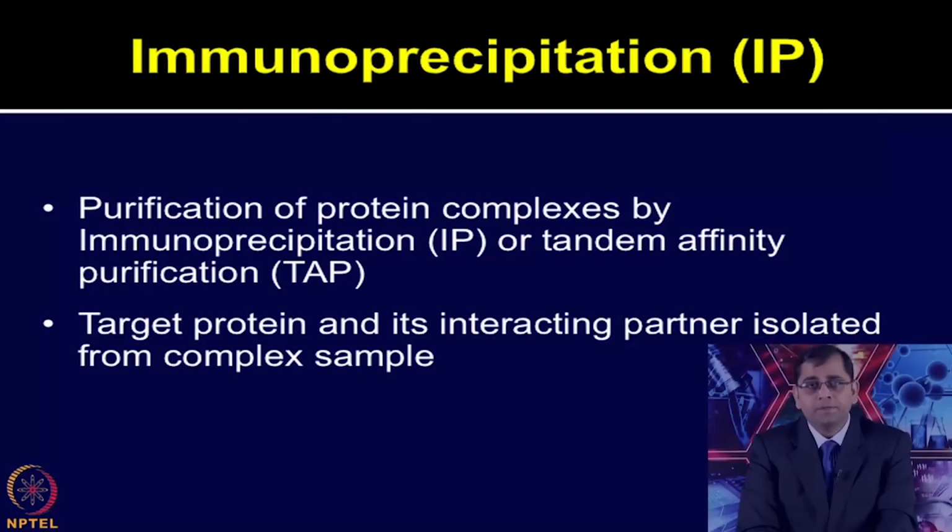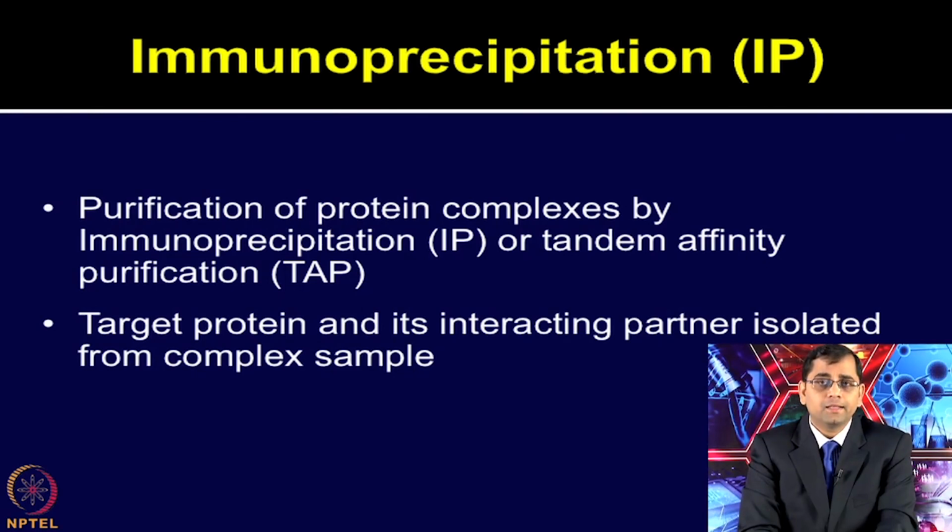Through the immunoprecipitation method, the purification of protein complexes by IP or tandem affinity purification is performed. The target proteins and their interacting partners are isolated from a given complex sample, and then by using different kinds of tags, these proteins can be isolated from a mixture and then further processed, which I will describe in the next slide.